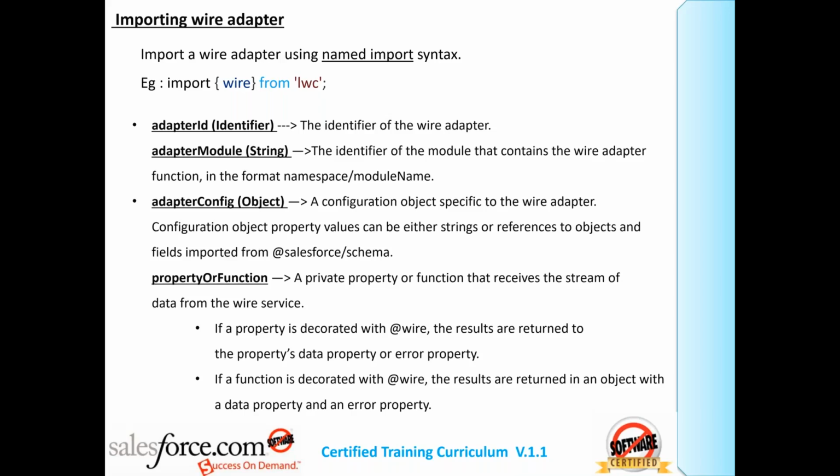This is the place where you call the method, if you have seen @wire last time. And write the object, and then you pass the field. Object is nothing but a method. Method name, comma, parameter. That is called adapter config.